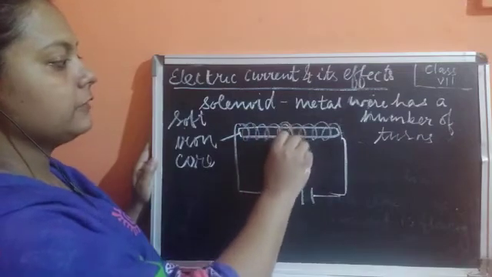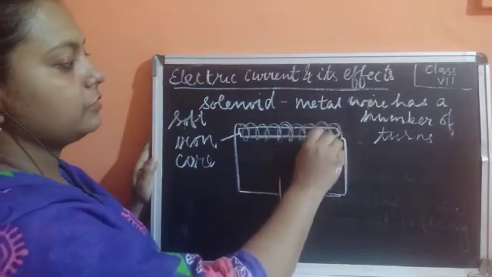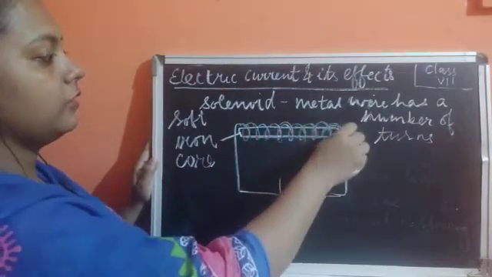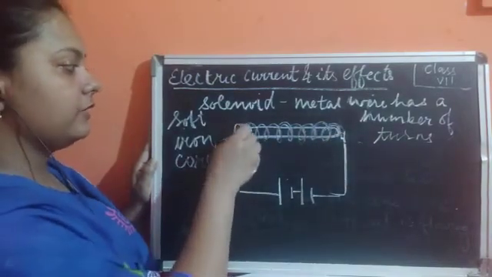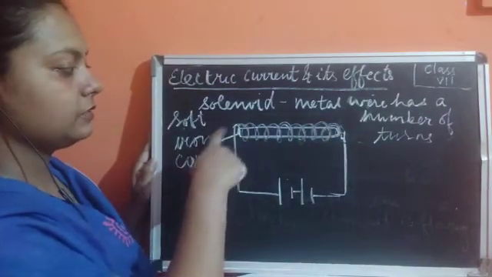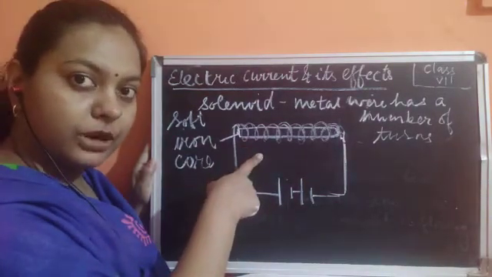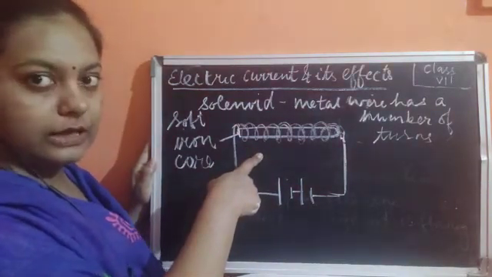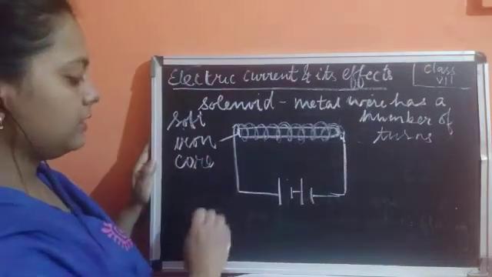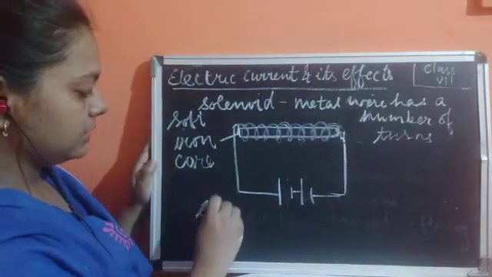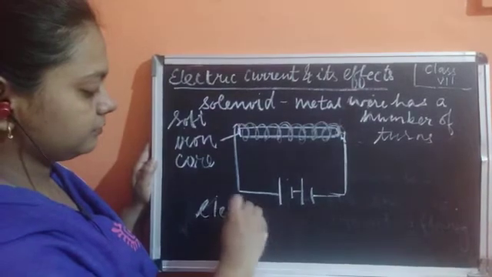If the number of turns is more, it is going to cover this iron rod very easily. Now this has to be just covering this soft iron core, and the soft iron core in turn is going to behave like a magnet, and that will be termed as an electromagnet.